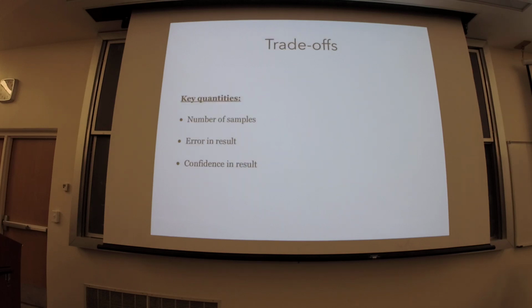What you see is that there are trade-offs between all of these quantities, which are the number of samples, which we call k, and the error in the result. Intuitively, you expect that if you take more samples, the error will be smaller.